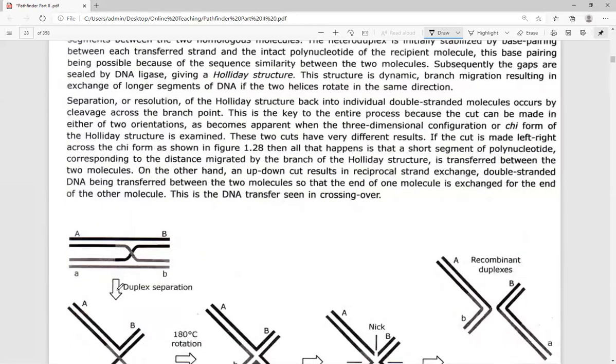Here you find that upon the exchange of the genetic material, there is a black DNA, then it is brown, then it is black, then it is brown. So such type of DNA which is being produced is referred to as the heteroduplex DNA molecule.